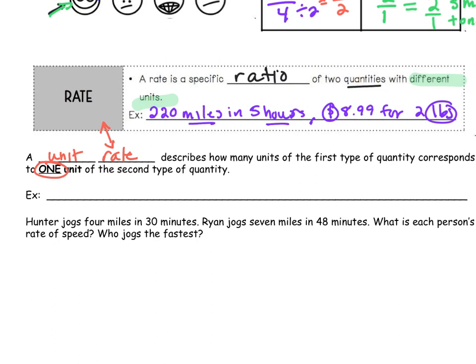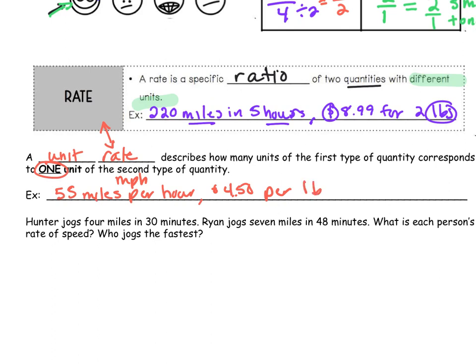So using our examples above, I might say that a car can travel 55 miles per hour, which means for 1 hour. And we like to abbreviate that as MPH. Or we might say, in this case, that it costs approximately $4.50 per 1 pound, per pound of cheese.